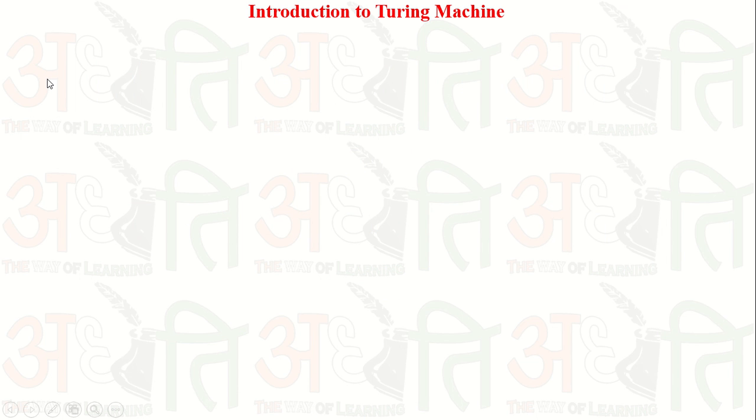So in this video we are mainly going to discuss a basic introductory part of Turing machine. In the next video we will take an example and understand in detail how Turing machine will work and how it is more powerful and more advanced as compared to the finite automata and push down automata.